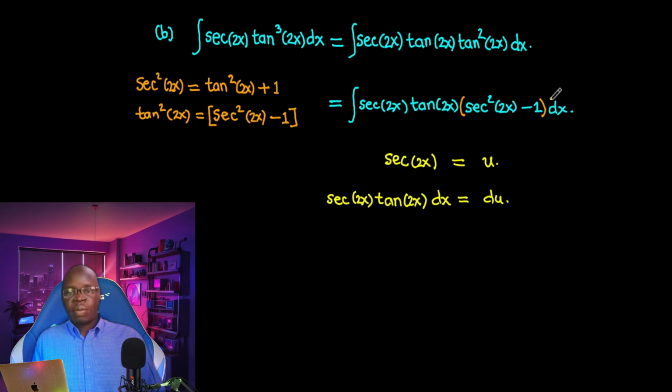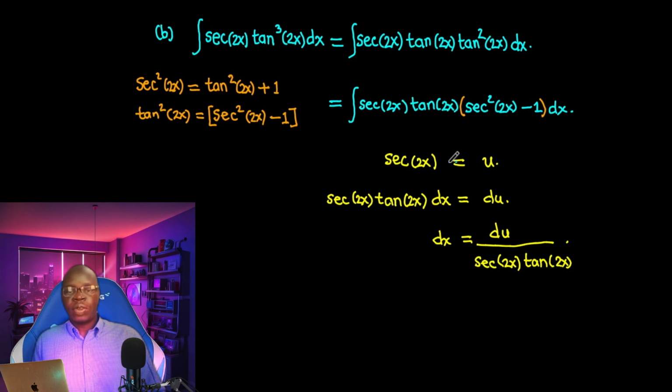Now we're interested at making the x the subject from this equation, and we have dx equals to, of course, we're dividing both sides by this coefficient, that is secant 2x times tangent of 2x.